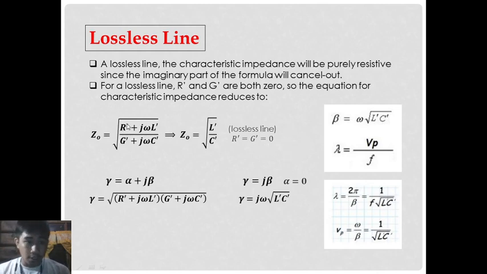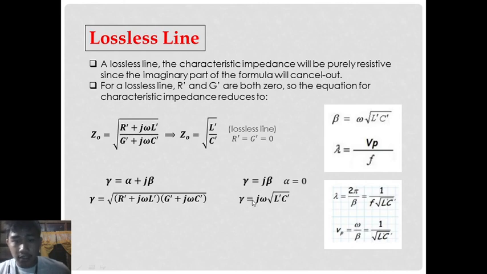So if these are equal to 0, the imaginary j and this symbol, the 2 pi f, will cancel out, leaving only the characteristic impedance equal to the square root of L prime over C prime. The propagation constant will also transform and will only be imaginary. The attenuation constant, or the real part, will be equal to 0.